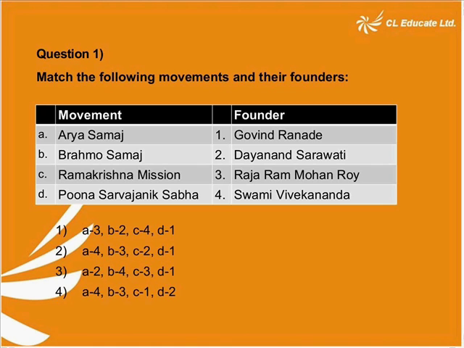Arya Samaj was established by Dayanand Saraswati, Brahmo Samaj by Raja Ram Mohan Roy, Ramakrishna Mission by Swami Vivekanand, very famous by after his guru, and Prarthana Sabha by Govind Ranade.